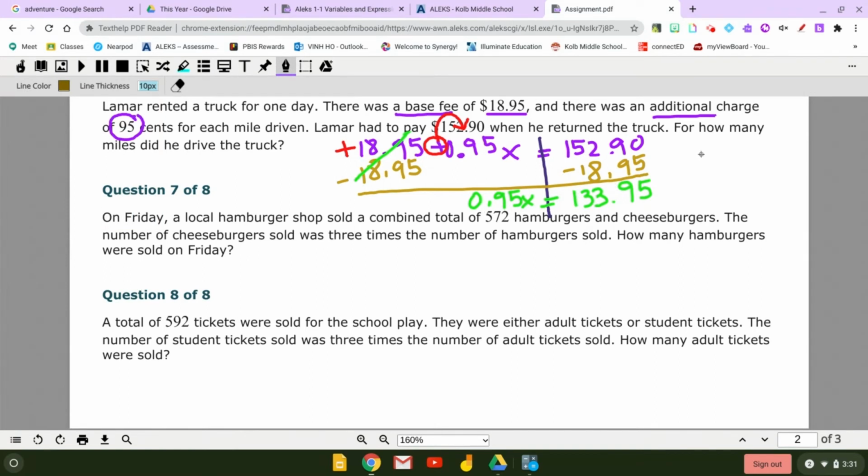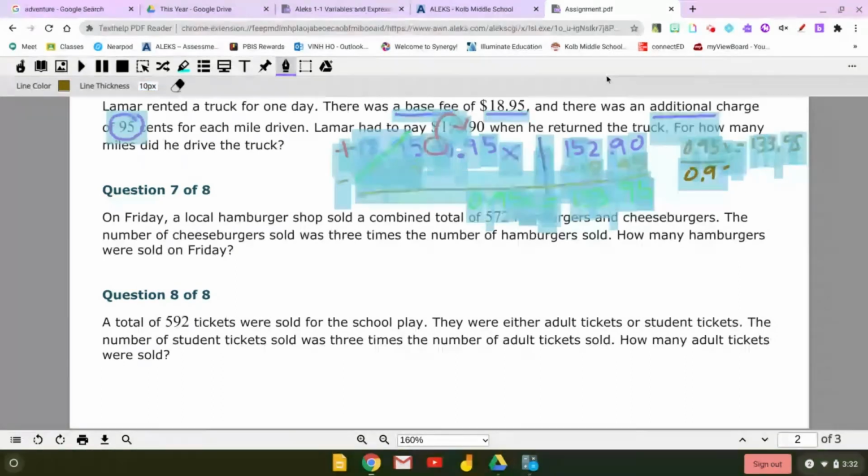So we're going to divide 0.95x equals 133.95. We divide by 0.95 on both sides, so that x is by itself.